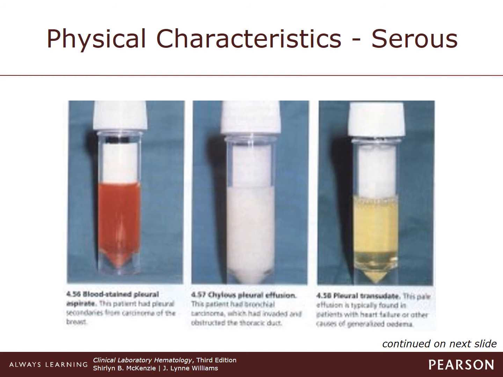Blood within the pleural aspirate could be caused by some kind of cancer. You may also get chylous pleural effusions, as you see in the middle, which result from a leak of lymph vessels of the major thoracic duct, or a blockage of lymphatic vessels in peritoneal fluid.